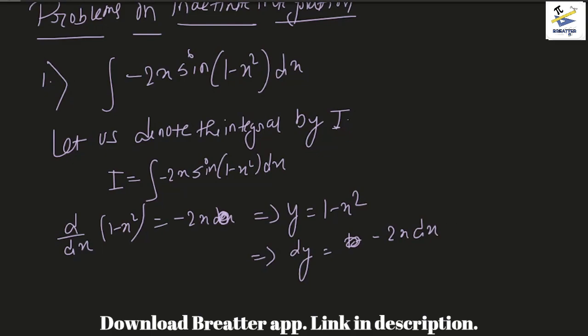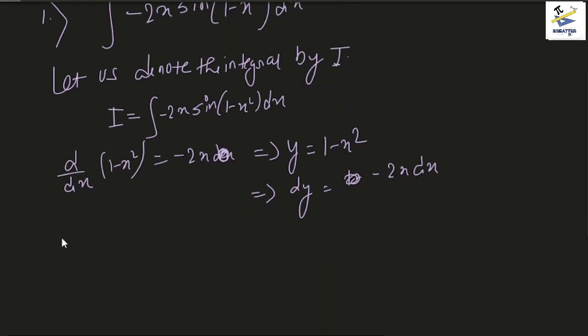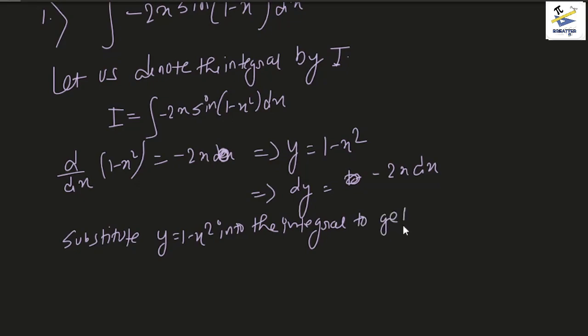So dy is minus 2x dx and y is 1 minus x square, which we can substitute in the integral to get I equals the integral of sine y dy, which we already know as minus cosine of y plus c.